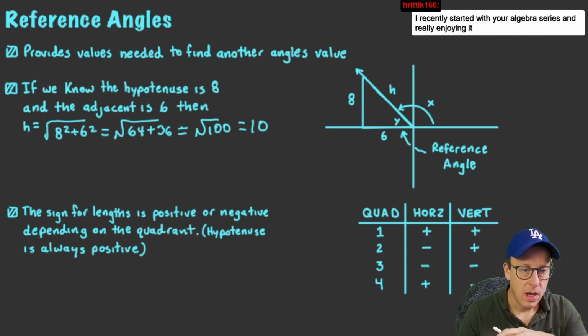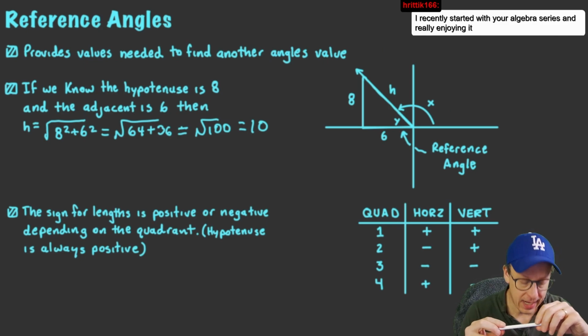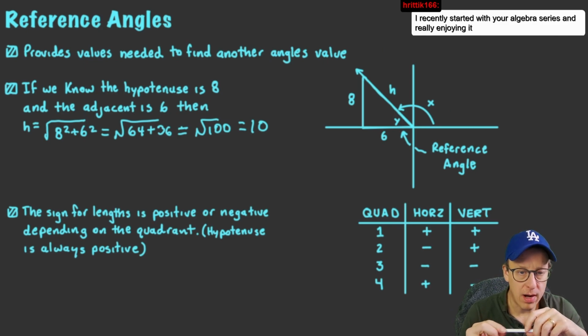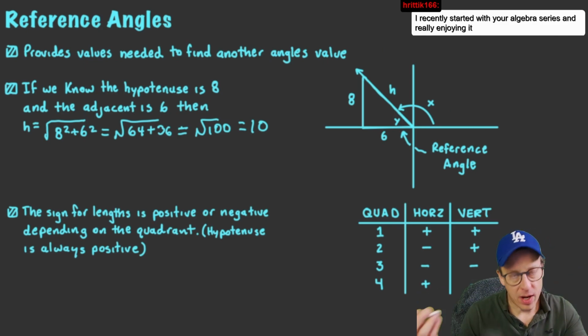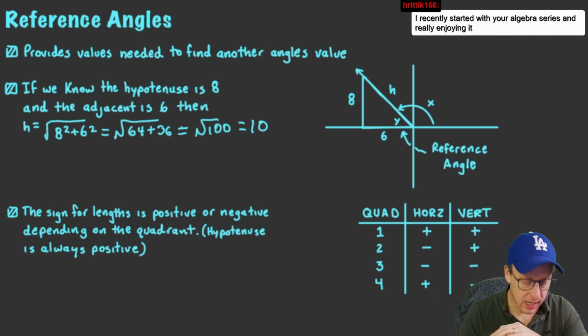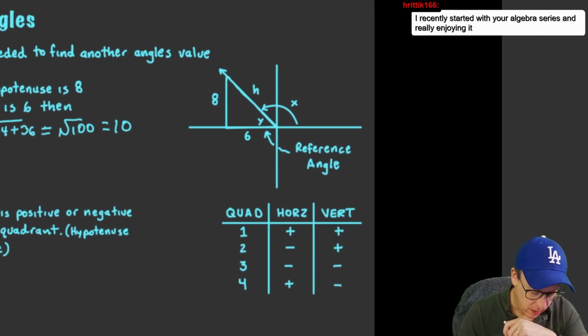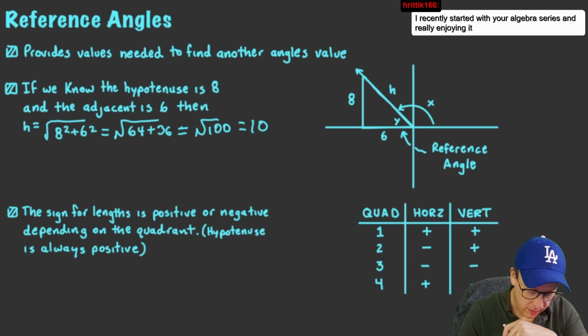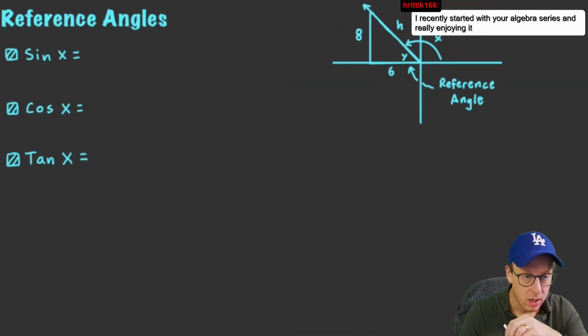All right. And the sign for lengths is either going to be positive or negative depending upon our quadrant that we are in. The hypotenuse is always going to be positive, however. And let's see here. What else do we need? So you just need to know about all the different quadrants and such. And let's work through some problems.